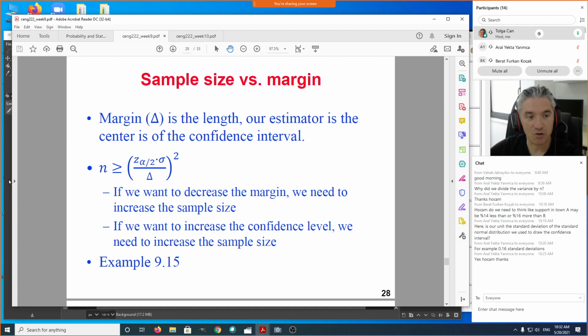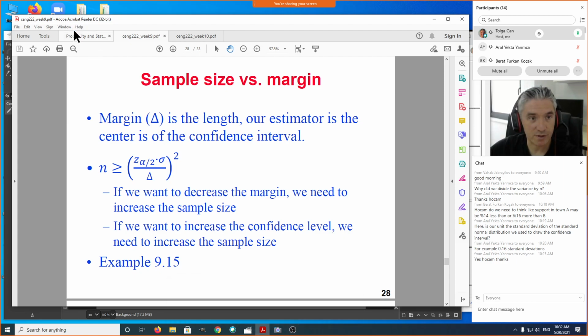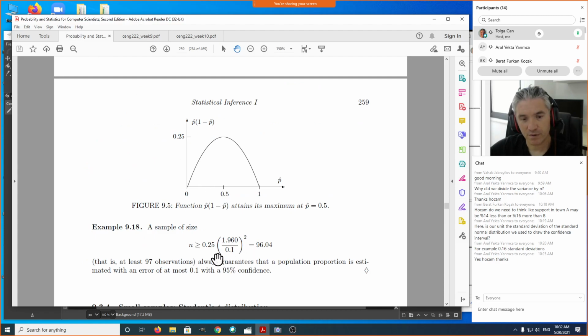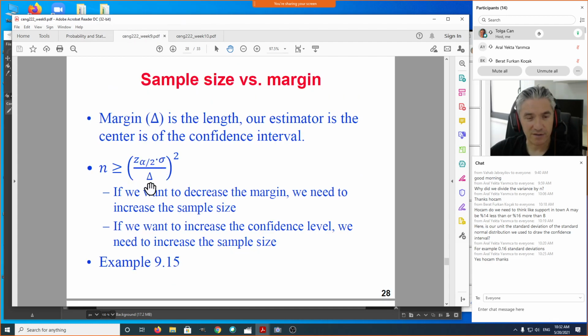This is what we do in deciding on sample sizes for proportions. The formula therefore becomes this, 0.25, and it should be as large as this. So here, this sigma square is taken out.